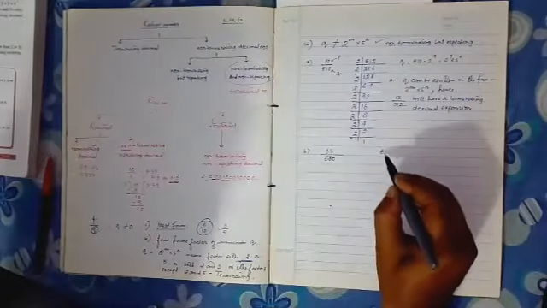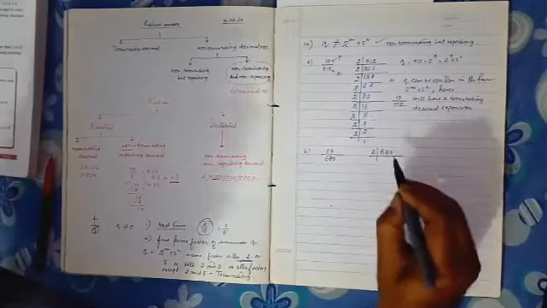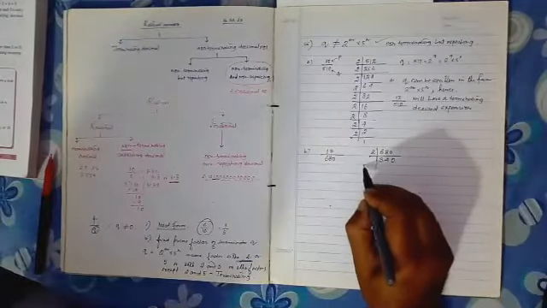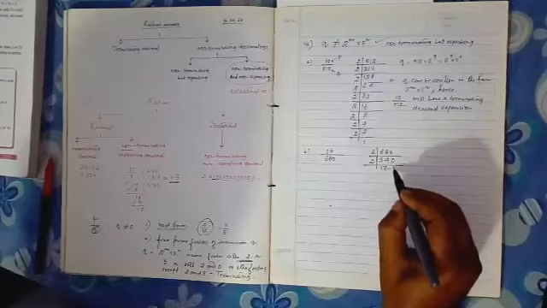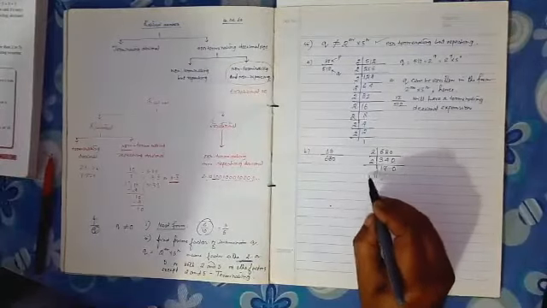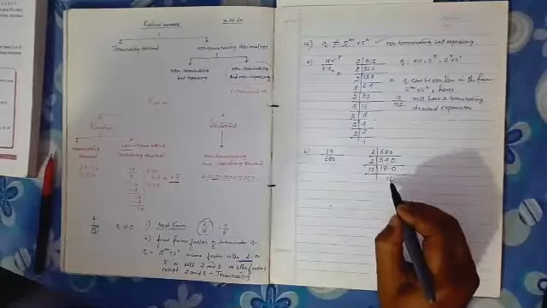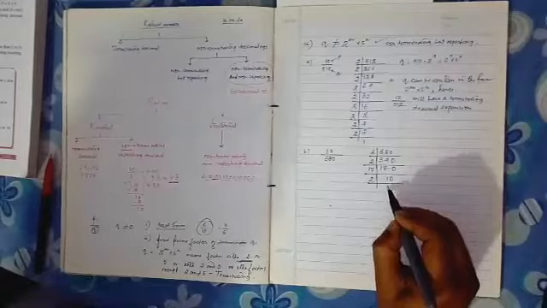Now let us find out the prime factors of 680. 2, 340, 2, 170, then 17, 10, then 2, 5.